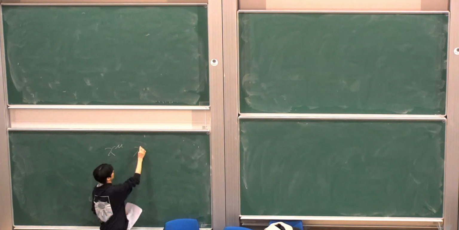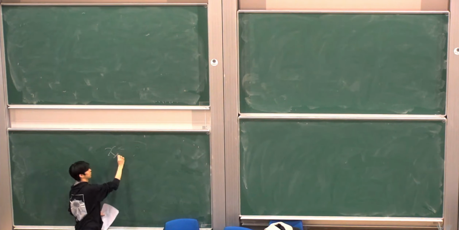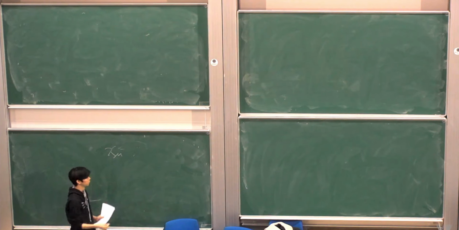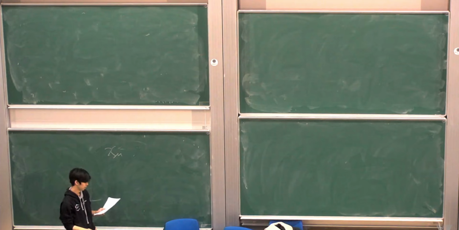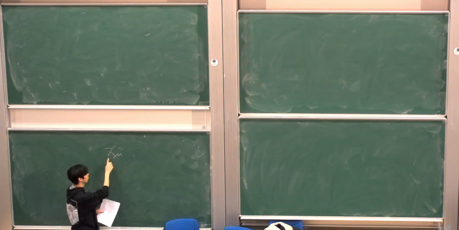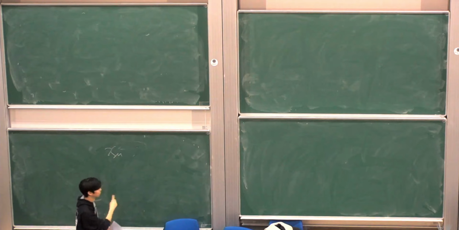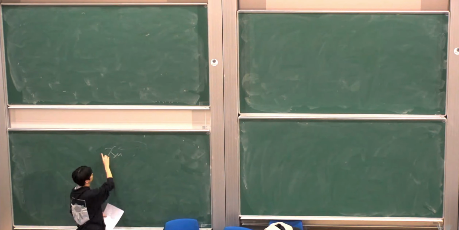I can also put the index down, but that means a covariant tensor. The difference is not hugely important for the purpose of this talk. It's just that the way it transforms depends on whether the index is up or down, but I'll explain later how to do the transformation.